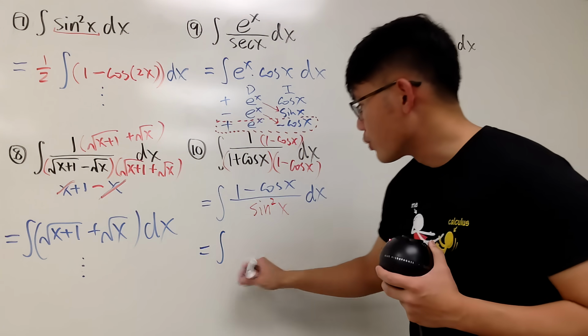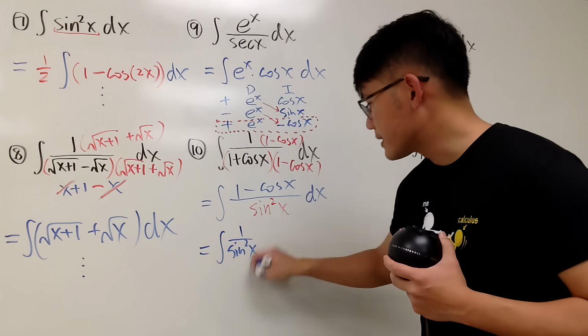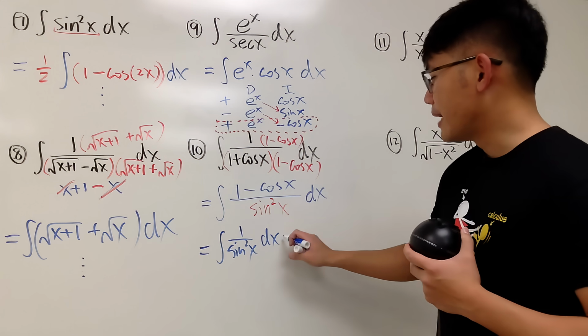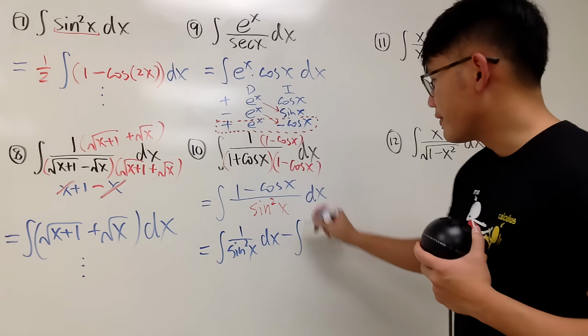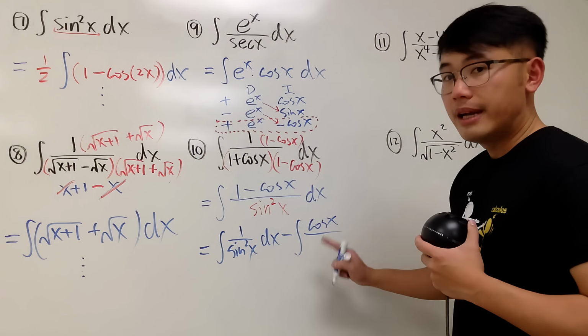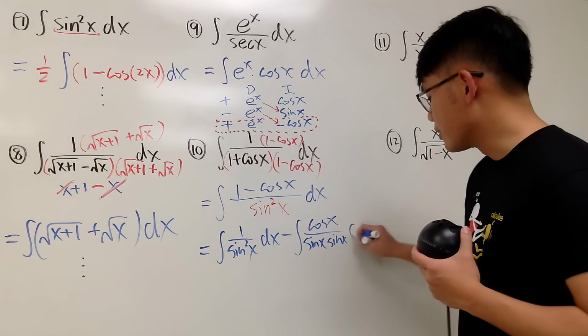First integral is the integral of 1 over sine square x. And then perhaps let me close this, and then I will put down the minus, and then the integral, and then we have the cosine x over sine square x. And let me write this down as sine x times sine x, for a good purpose, you'll see.